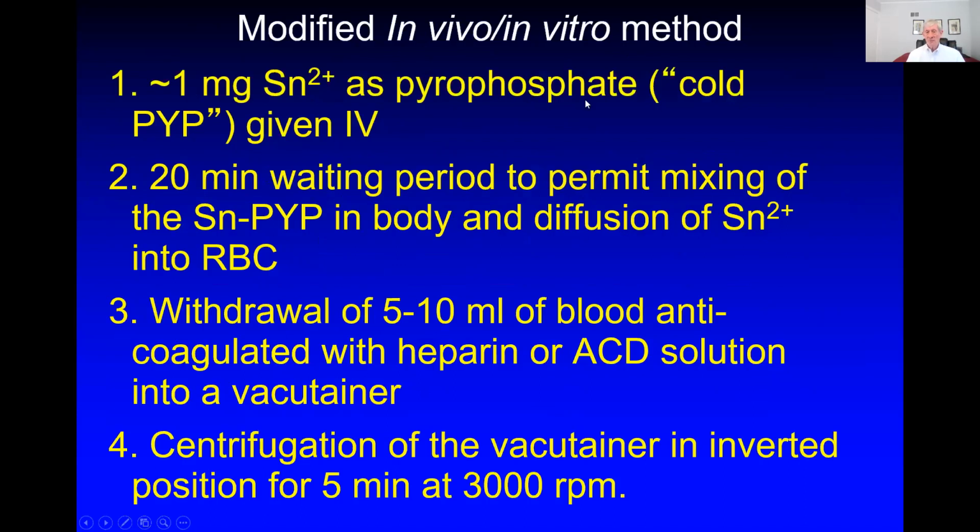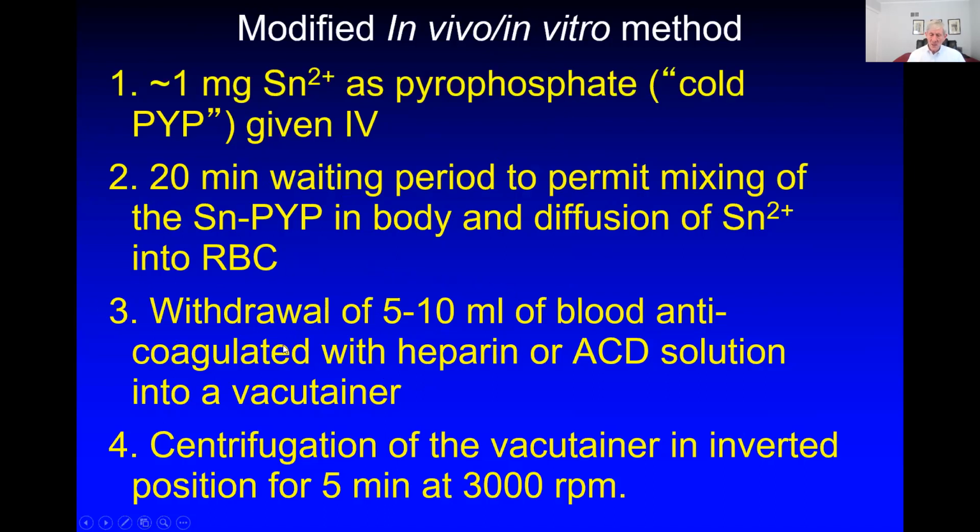Now this is a modification of that procedure, so it's going to start out the same way. This is a wonderful procedure for making labeling 99 to 100% consistently. We give the stannous intravenously. We wait 20 minutes, but we then withdraw the tinned blood into a heparinized syringe or a citrated syringe.